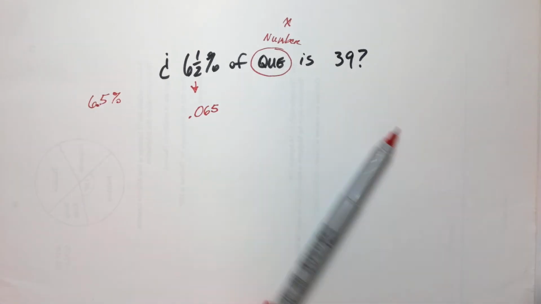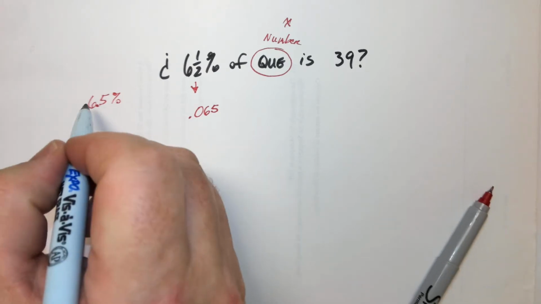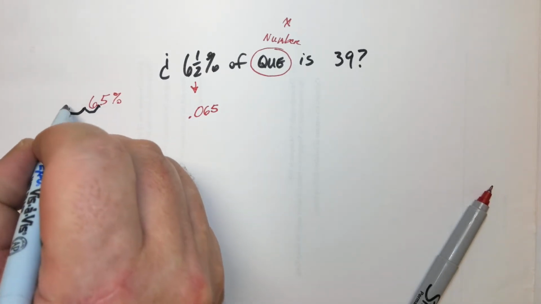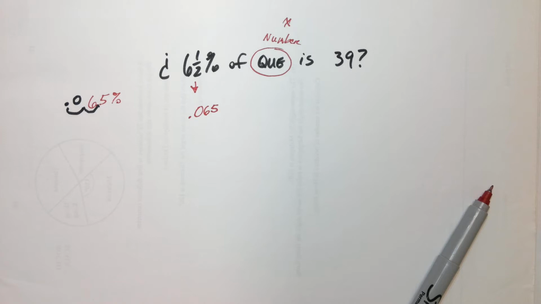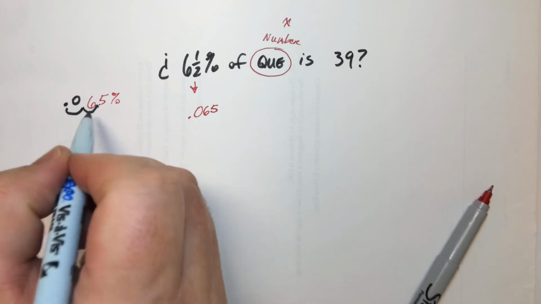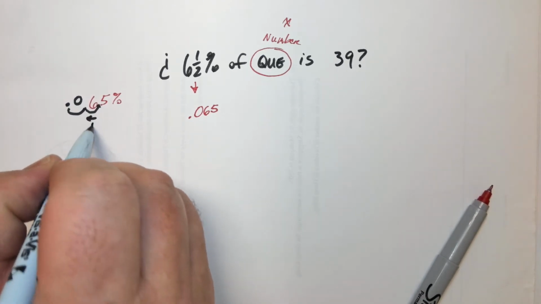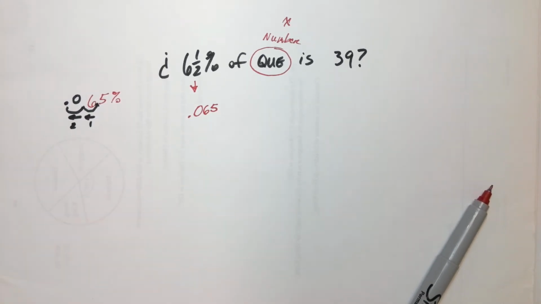You have to divide 6.5% by 100, and the shortcut is you move the decimal 2 places to the left. To change a percentage into a decimal, you start wherever the decimal is, and you just move it 1, 2 places left.